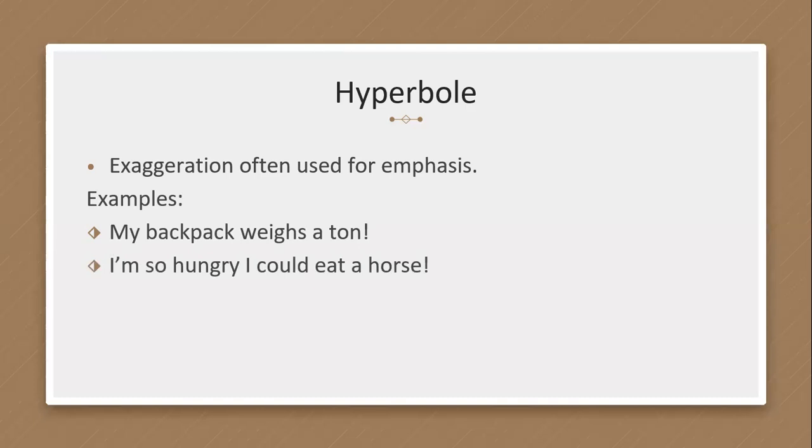We understand that both sentences are not literally true. Yeah, there is no way a backpack can weigh a ton, and there is no way, no matter how hungry we are, we can eat a horse. So those sentences are exaggerations.